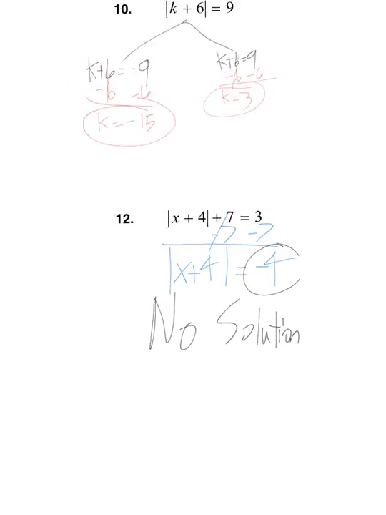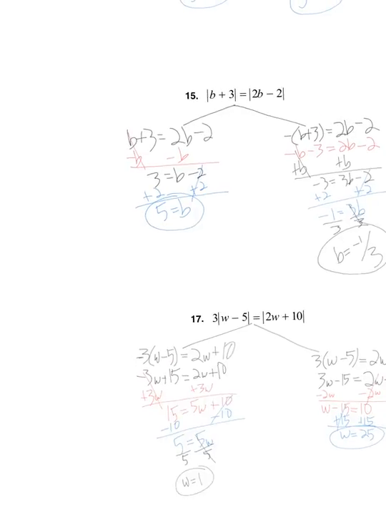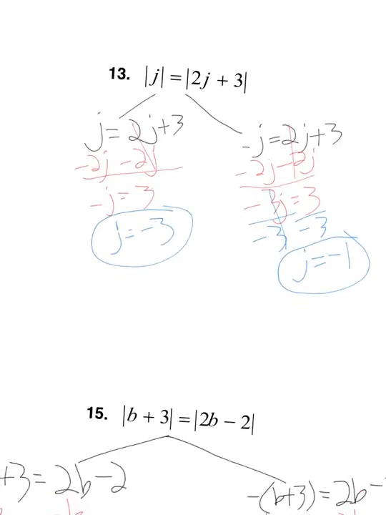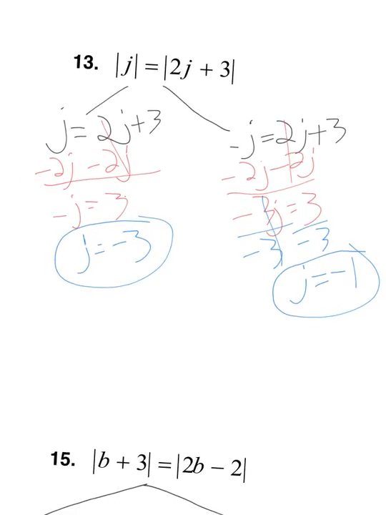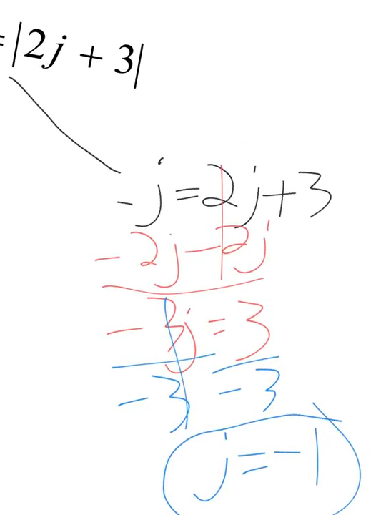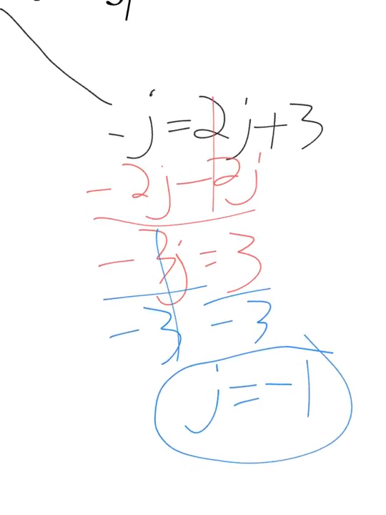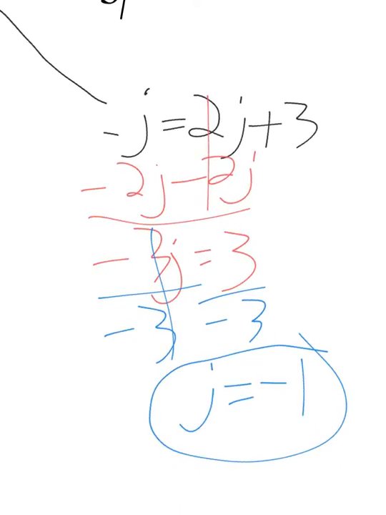Okay, let's move on to number 13. You have two absolute value expressions equal to one another. So make one side negative. You see how I made one side negative on the other ones, but it's different with this one because you have two absolute value ones. But really it's the same process. So this side I made a -j.